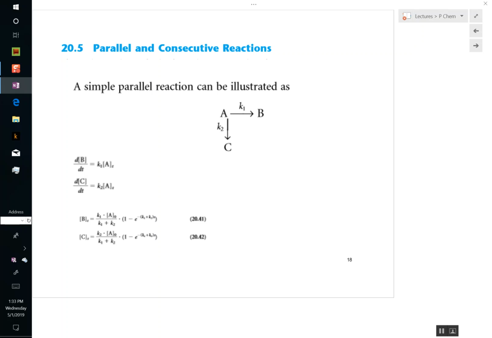There's your rate constant for the conversion of A to B, and your rate constant for the conversion of A to C. So the rate of appearance of B with respect to time is k1 times the concentration of A. The change in C with respect to time is k2 times A.